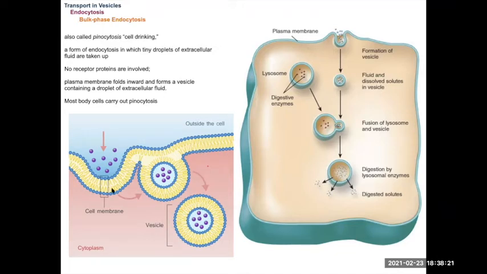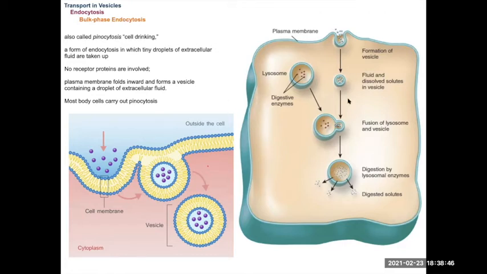You're just taking these small molecules, small particles, whatever is in the interstitial fluid, into the cell. And if there were stuff you needed for digestion, you can fuse with these lysosomes with the digestive enzymes.